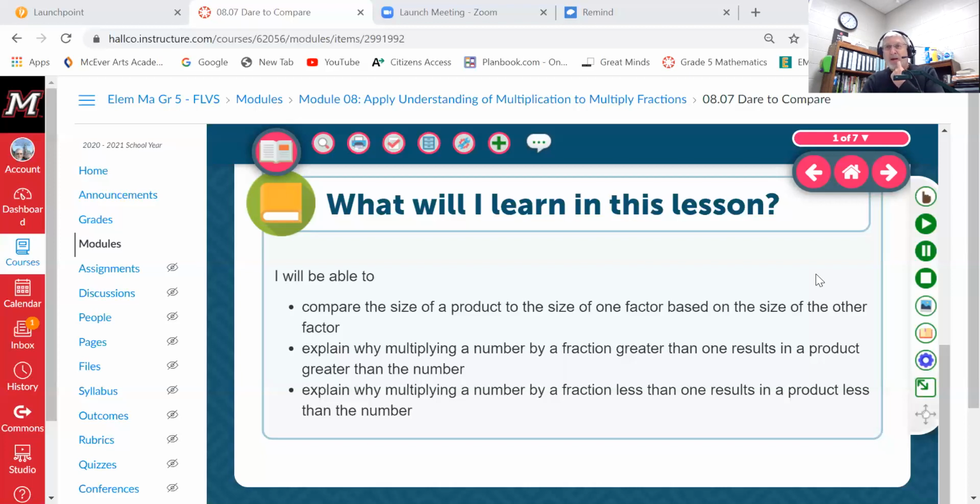Or when I multiplied 20 times 1/2, our product was 10, and 10 is less than 20. So hopefully we've mastered those three key learning targets.